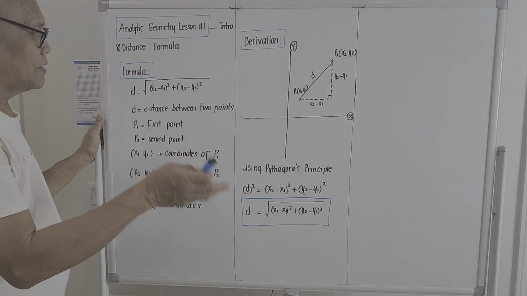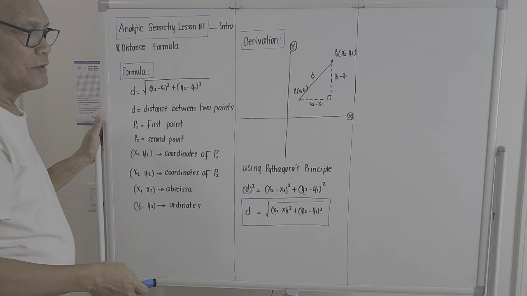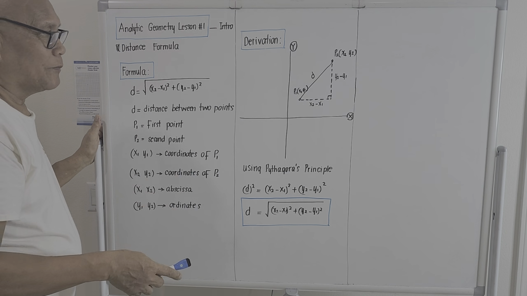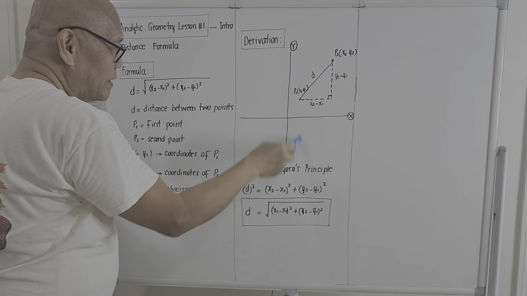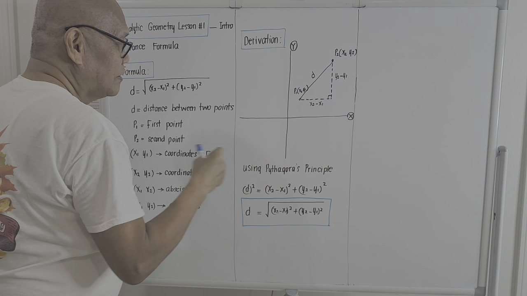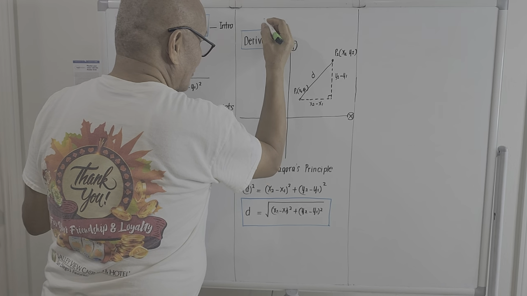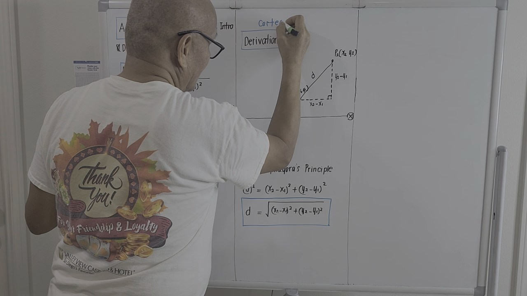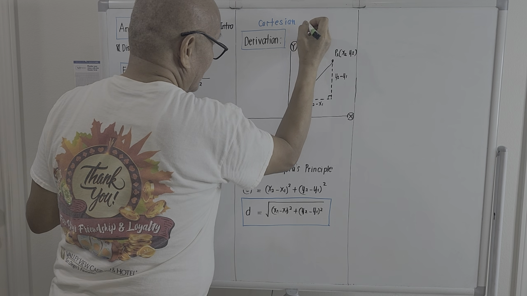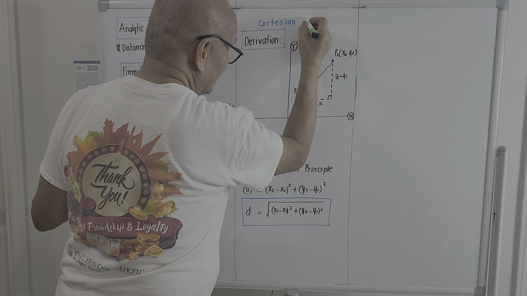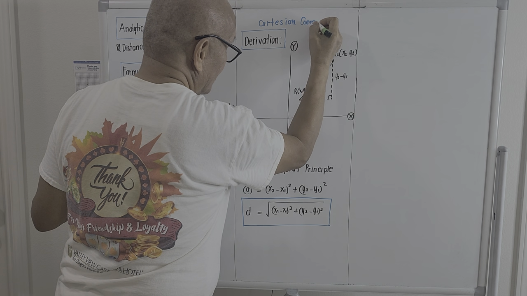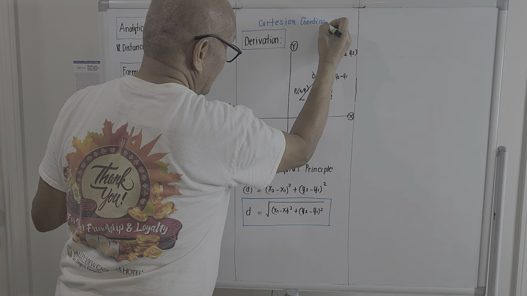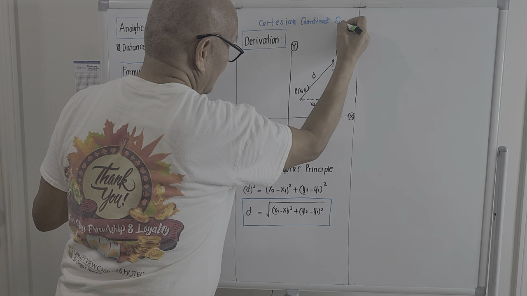So when we say analytic geometry, our graph will be on the so-called y and x-axis, and this is the so-called Cartesian coordinate system.